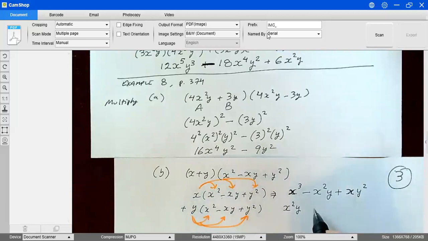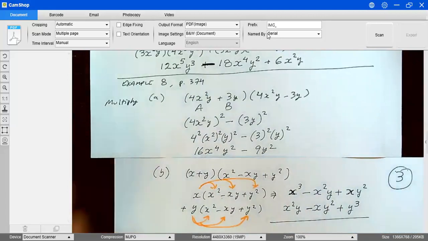Positive times negative is going to be negative x, y squared. And y times y is going to be y squared. Finally, y times y squared is going to be just y to the third power. Then we combine like terms. You see that they are aligned diagonally.